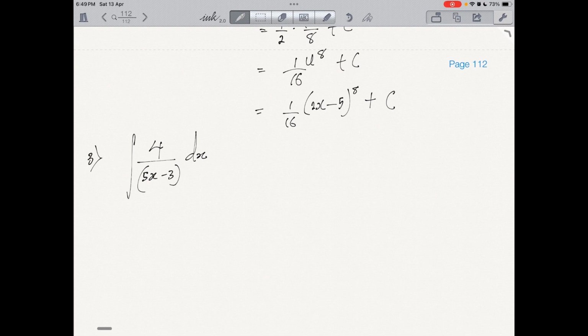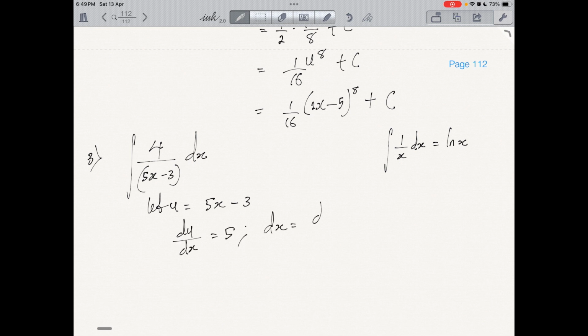Now, this is similar to integrating 1 over x with respect to x, and this will give us ln x. So bringing it down, we can say let u be equal to 5x - 3. So we can evaluate du/dx to give us 5, and making dx the subject of the formula, we have it give us du over 5.